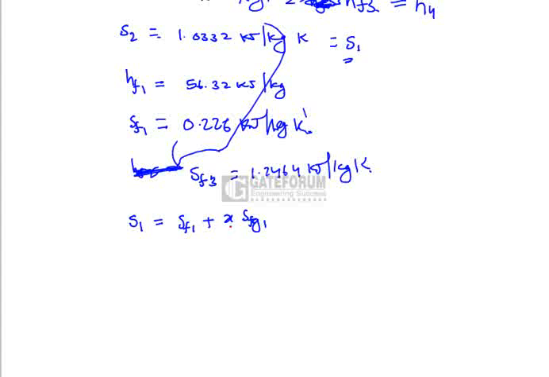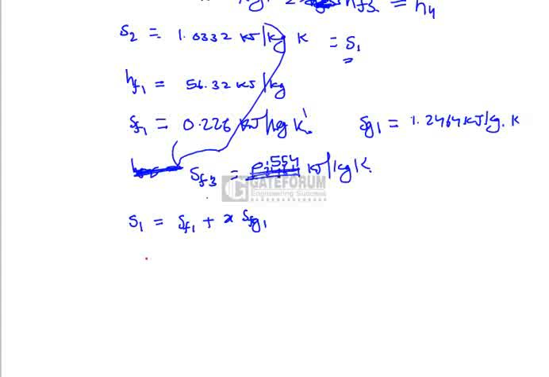Already we know sf1 and sg1: sg1 is equal to 1.2464 kilojoule per kg Kelvin. Here sf3 is equal to 0.554. Sorry, it is 0.554 and it is 1.2464 kilojoule per kg Kelvin.